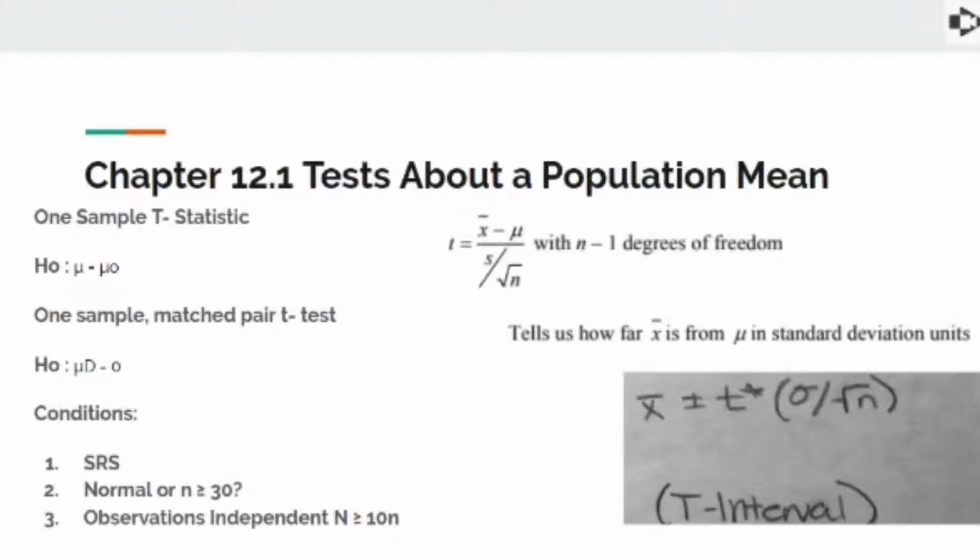And now moving on to the matched pair t-test, it's important to note that the null hypothesis is different for this. But this test is different because you still are given one sample, but each individual has 2 measurements. For example, you have a before and after for one individual.